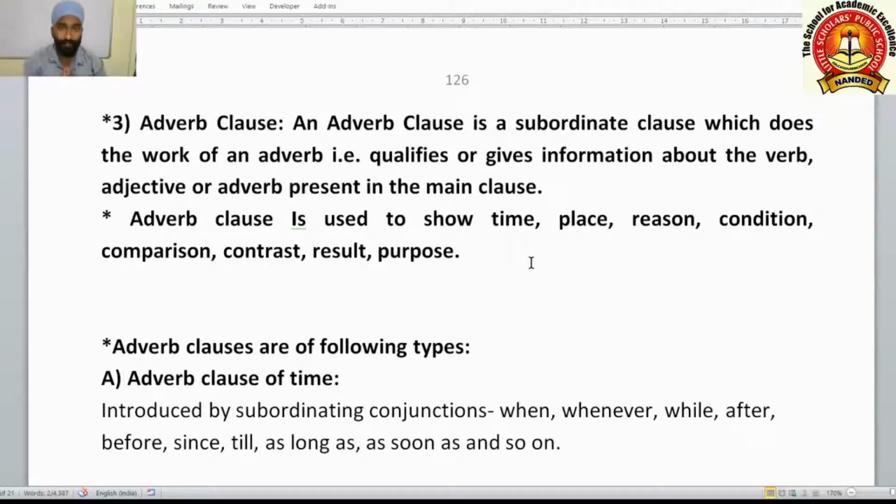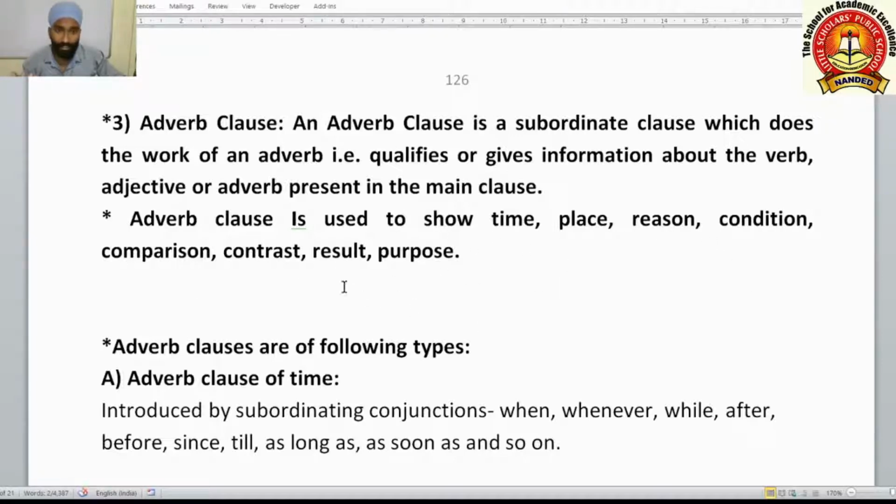This is how we can identify an adverb clause: if it tells time, place, reason, condition, comparison, contrast, result or purpose related to the main clause.